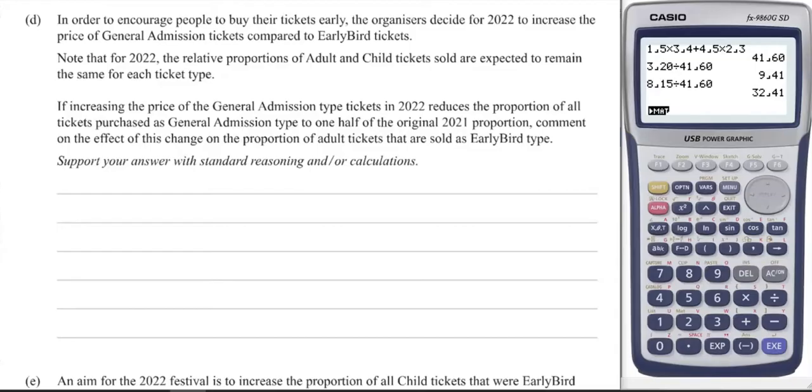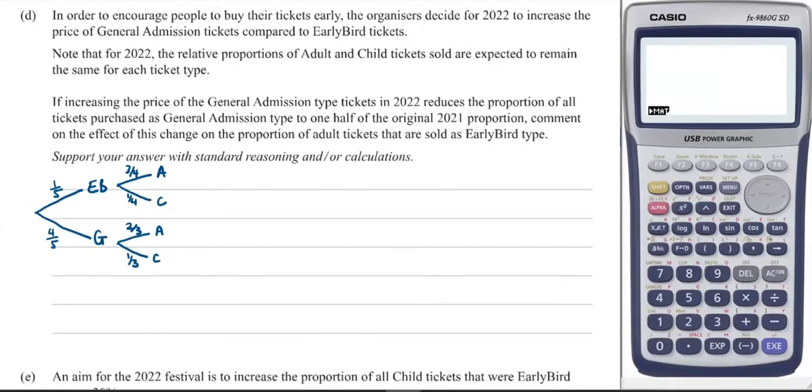Okay, next question. Pause to read. Okay, so we start here with the original information that we had from 2021. Now, this question is not entirely straightforward to interpret, so just take your time working through this. So the new proportion from 2022 is going to reduce the proportion of all the tickets purchased as general, so that's this bit here, to 1/2 of the original 2021 proportion.